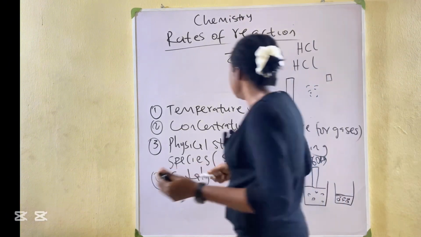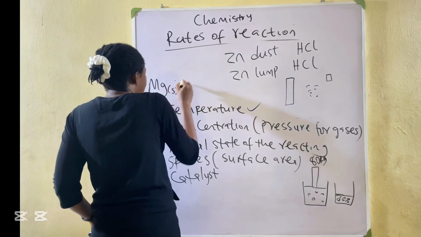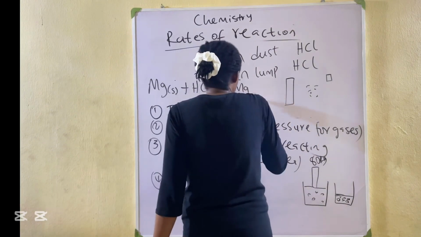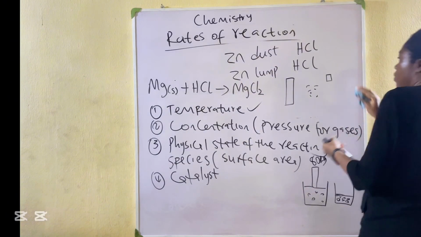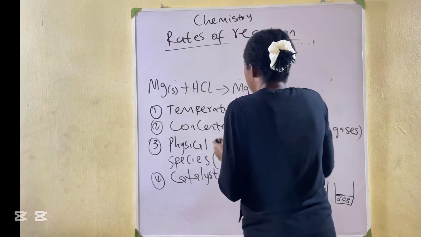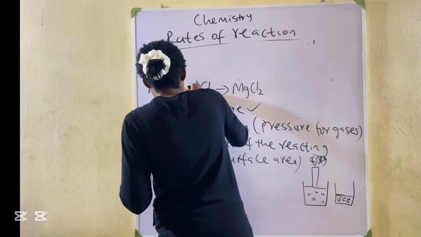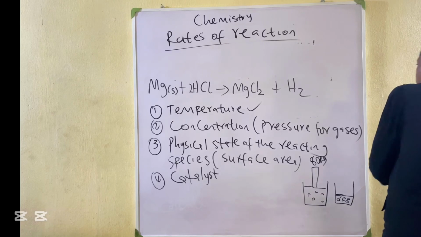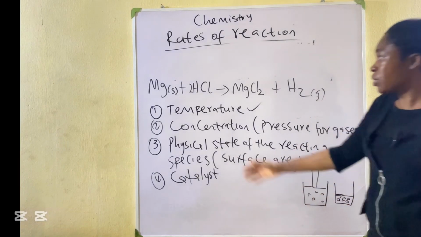Okay, if I give you a question like this, for example, magnesium reacts with hydrochloric acid to give magnesium chloride. So look at the reaction on the board.